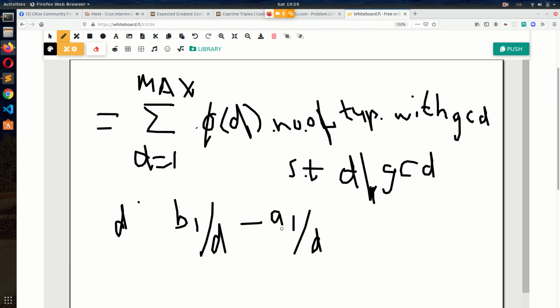So in the range A1 to B1 there would be B1 divided by d numbers and A1 divided by d numbers, plus in case d divides A1 as well, we would have subtracted that from the sum. So we need to check if A1 modulo d is equal to 0.